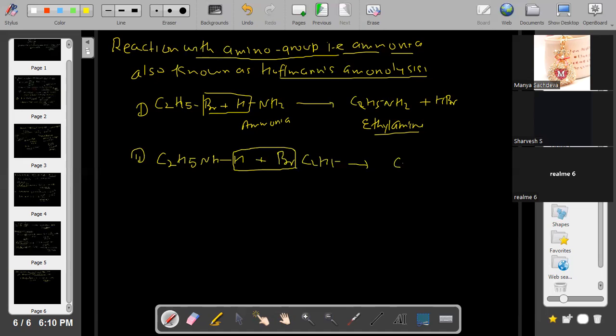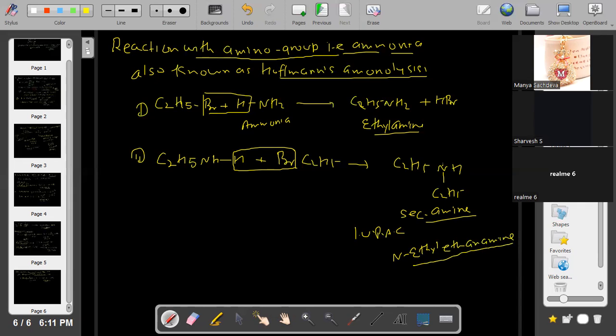Now the secondary amine, C2H5 NH C2H5. This is called a secondary amine by this method. The IUPAC name is N-ethylethanamine, because the N links to an ethyl.